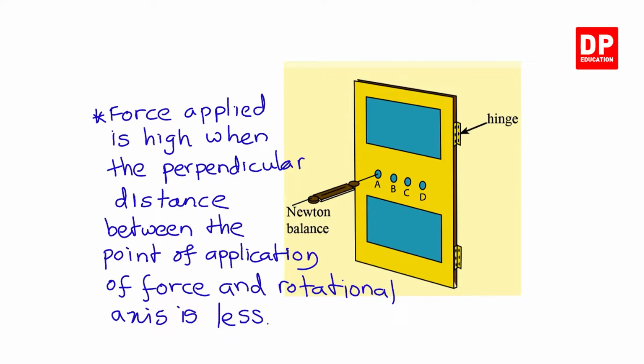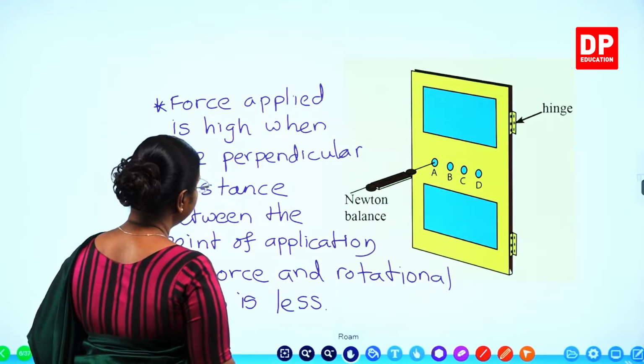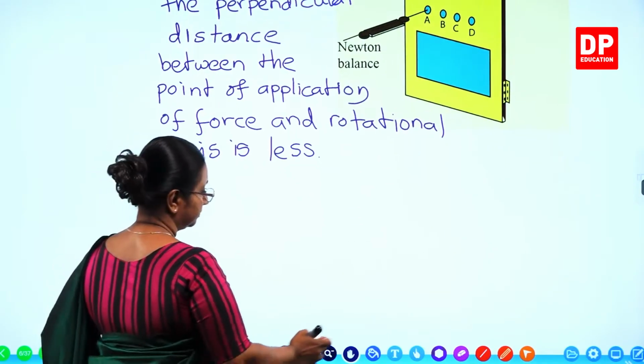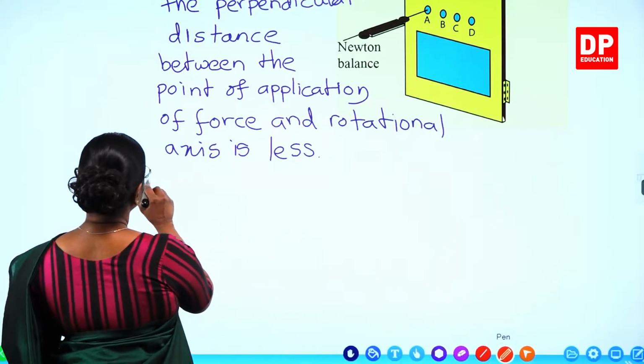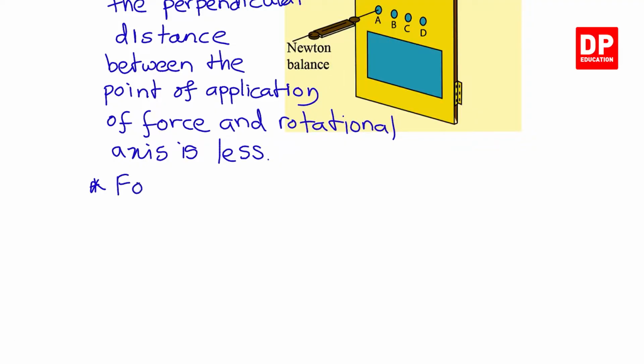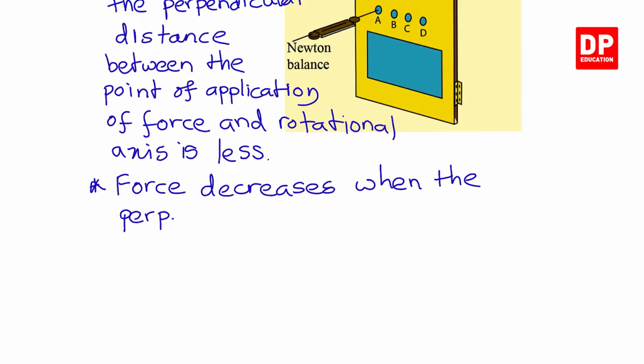So that is 1. If you write it the other way, force decreases when the perpendicular distance increases.